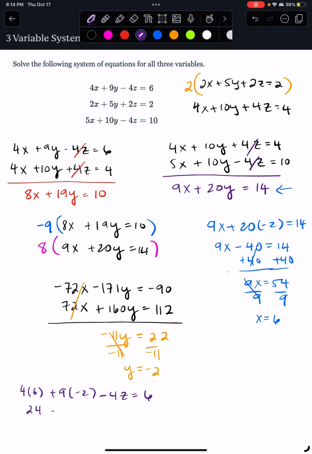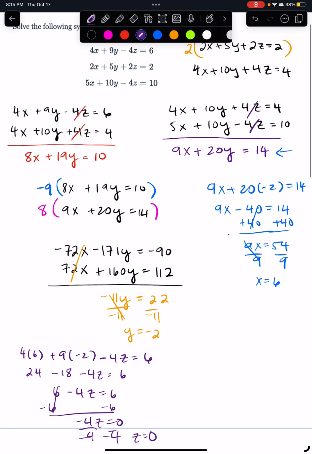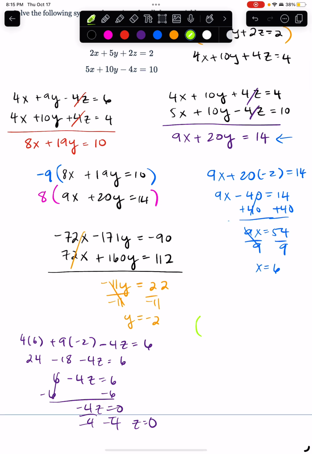So we get 24 minus 18 minus 4z is equal to 6. 24 minus 18 is 6, so 6 minus 4z is equal to 6. We're going to subtract 6 from both sides, so -4z is equal to 0. And when we divide by -4 on both sides, we're left with z is equal to 0. So my final answer is going to be the coordinates 6, -2, 0.